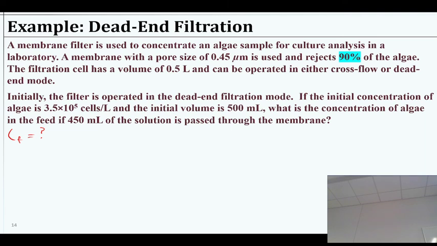Well, I assume if it says the initial volume of the cell is 0, it means when we're pouring stuff in, it's filling up. There might be a different scenario for that. Is that along the right line of things? Say it again. If it says the initial volume, like the second from the bottom line, the initial volume is 500, but earlier we have a filtration solvent volume of 5 milliliters.